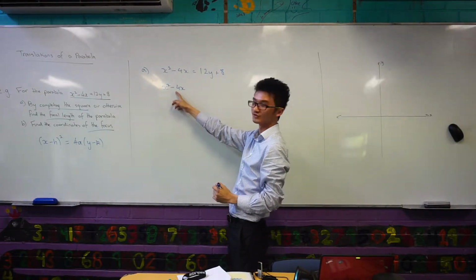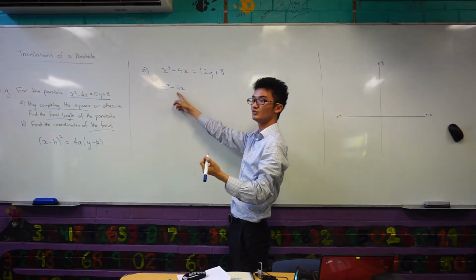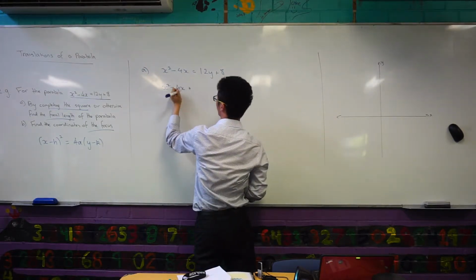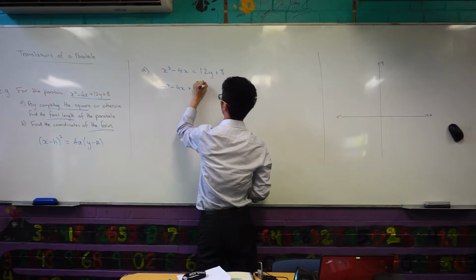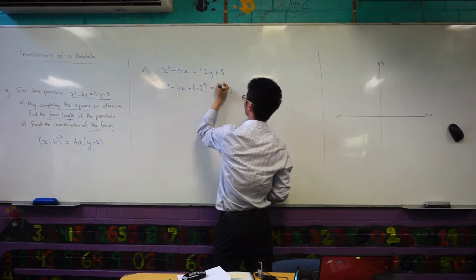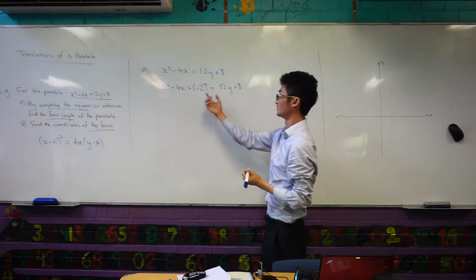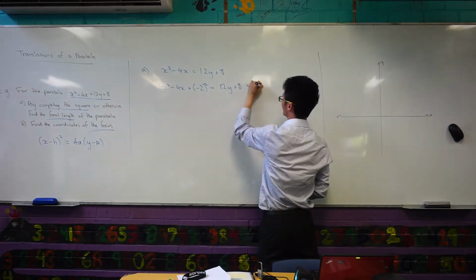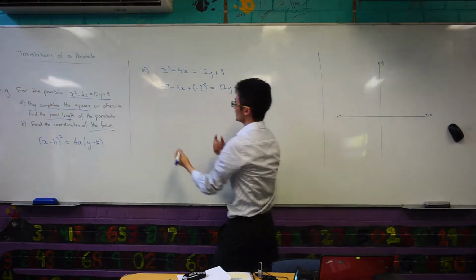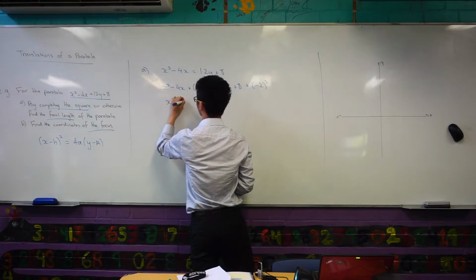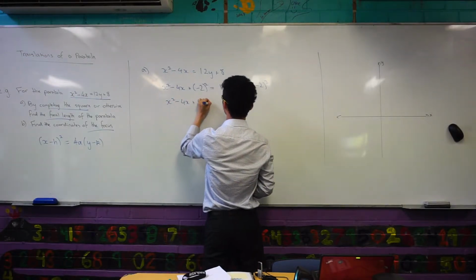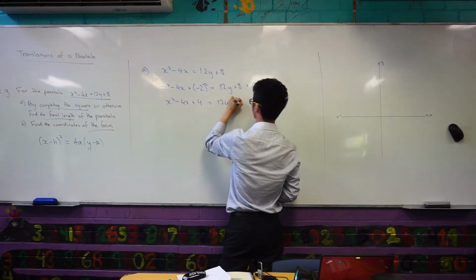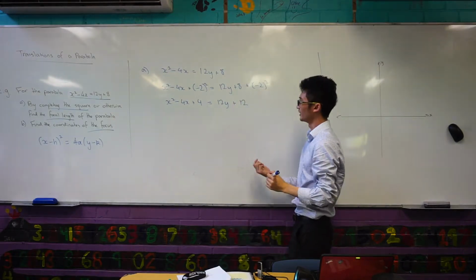So half of minus 4 is negative 2. And then I square it. And because I've added to the left-hand side, I wanted to add that to both sides. So I'm going to get negative 2 all squared on the other side as well. And when I expand that out, I'm just going to get 4 equals 12y plus 12. So I've just simplified that out.